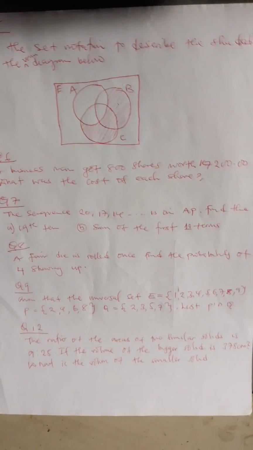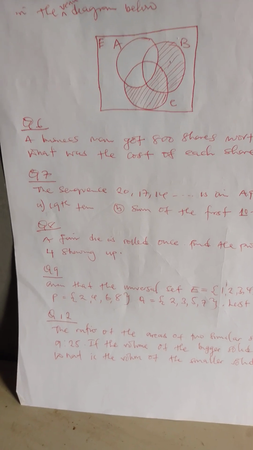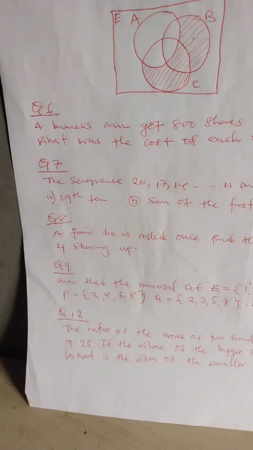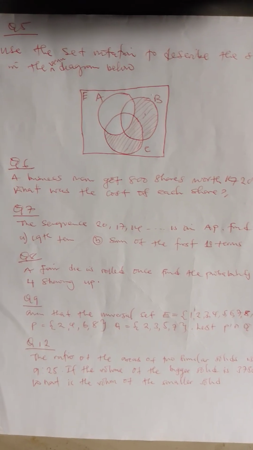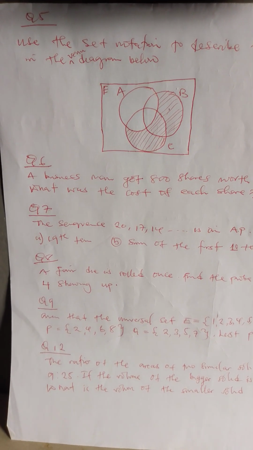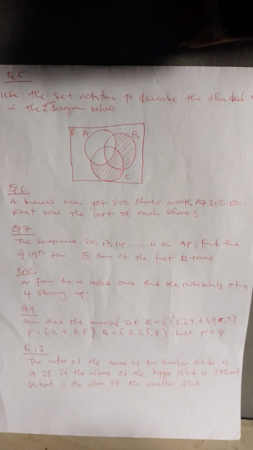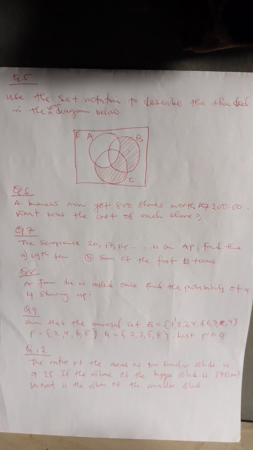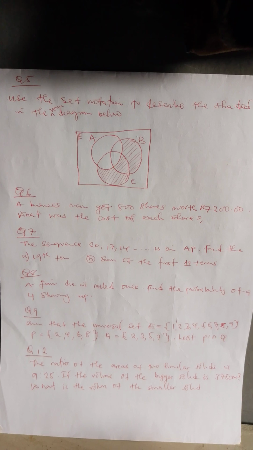We are on question 6. So question 6 reads, a businessman got 800 shares worth 7,200 kwacha.